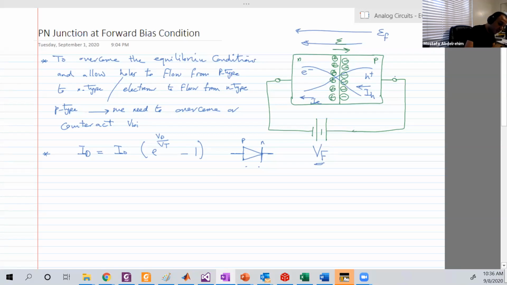So let's continue the current. The current is moving from P to N, from P to N, from P to N. So we made the symbol of N just like a wall to say that we cannot have current moving in that way. That's wrong.